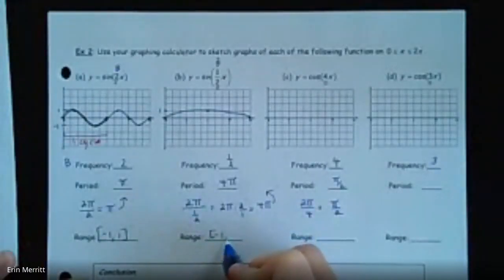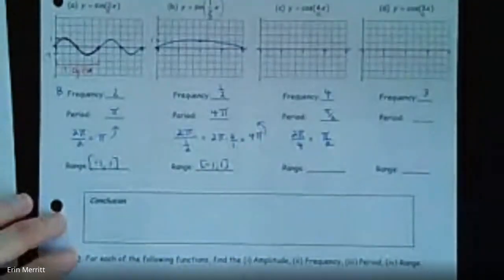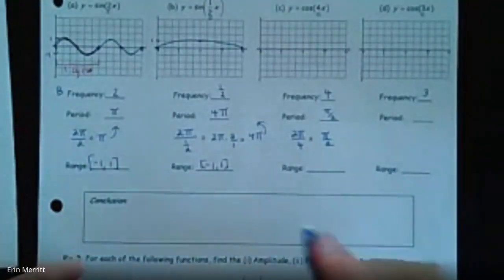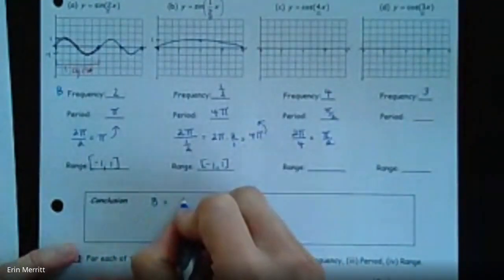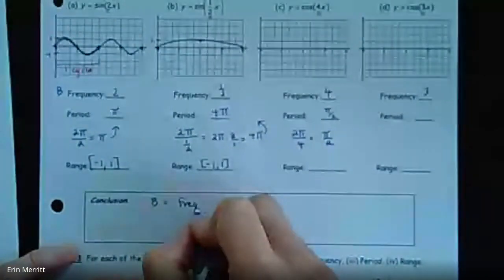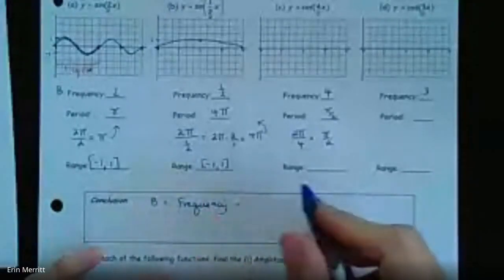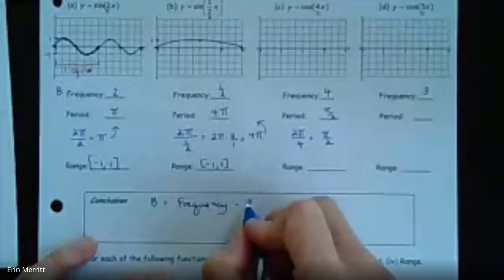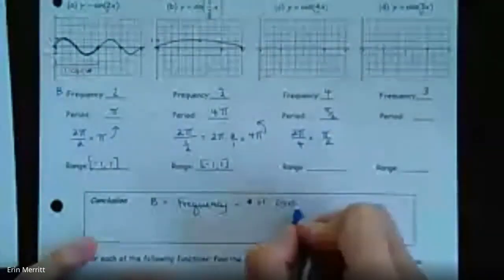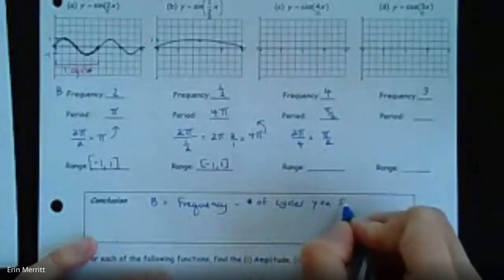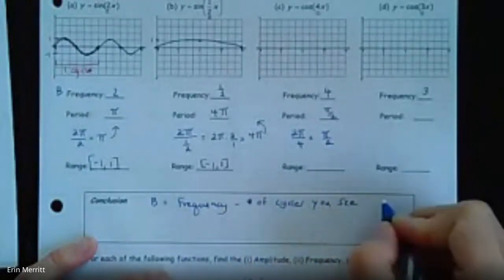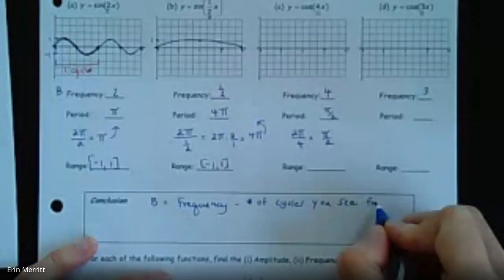Right? The range for all of them, though, is all -1 to 1. We didn't change a darn thing with that. Right? So under the conclusion part, what I want to look at is the b value, which is the frequency. So it's the number of cycles you see from 0 to 2 pi.